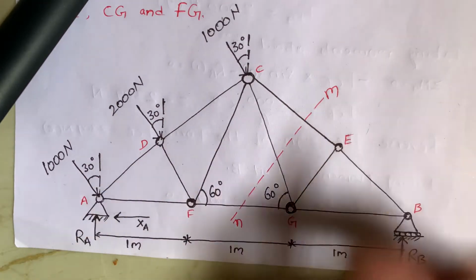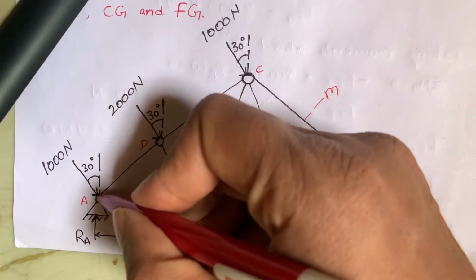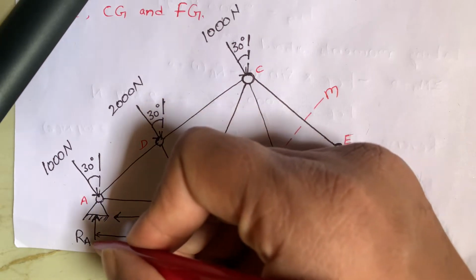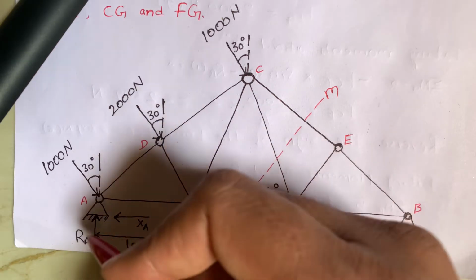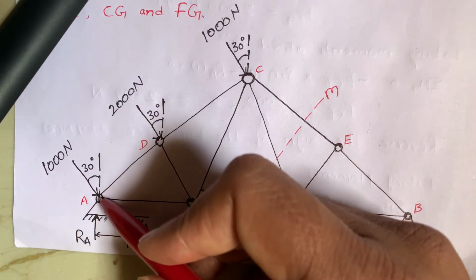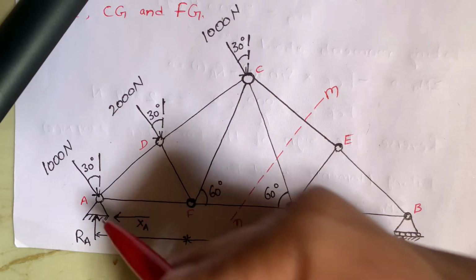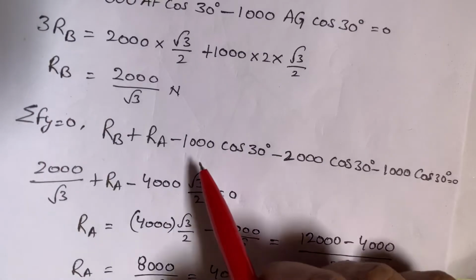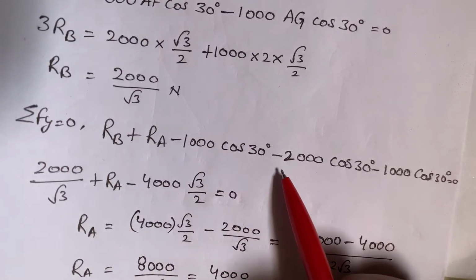If I extend this force like this and resolve it in this y direction, it becomes downwards. It is nothing but 1000 cos 30.